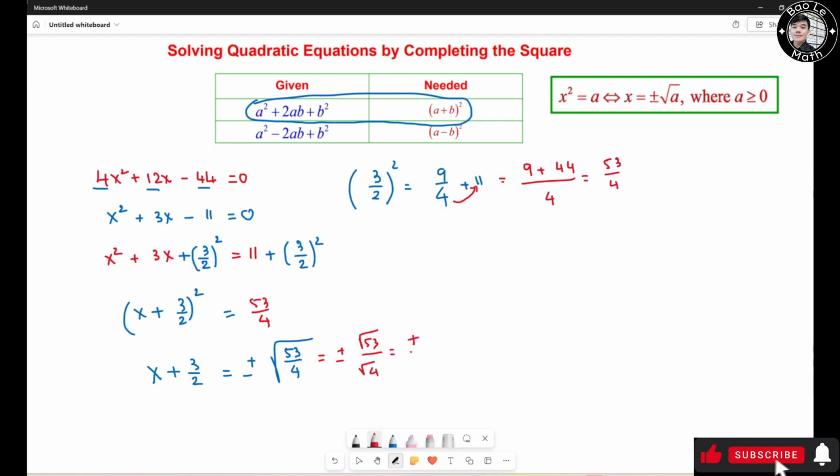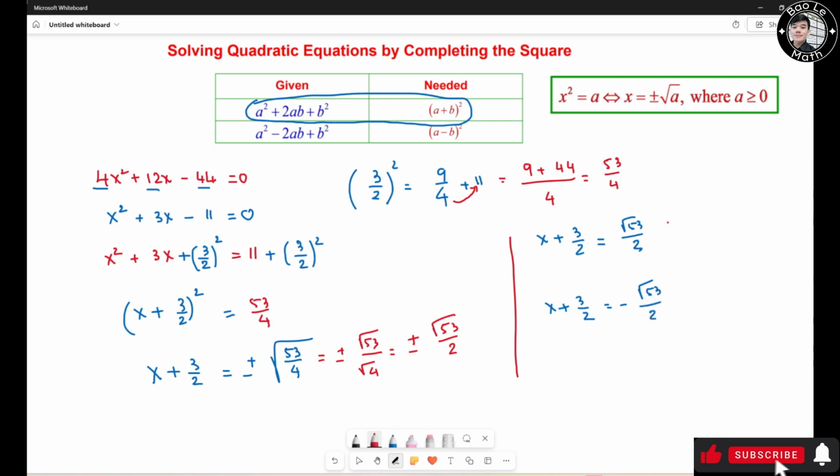It turns out to be plus and minus the square root of 53 over 2. So we have two different cases. The first one is s plus 3.5 equals the square root of 53 over 2. And the second one is s plus 3.5 equals negative square root of 53 over 2.